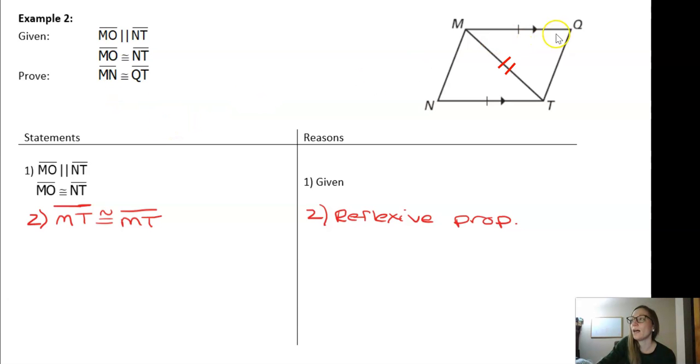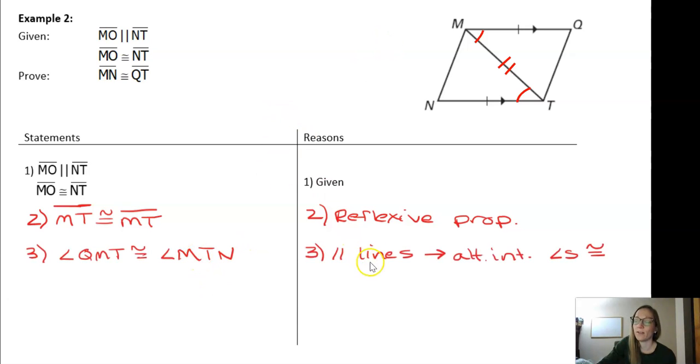Oops. But anyway, MQ is parallel to NT, so that would be these angles here. So angle QMT and angle MTN are congruent. And that's because parallel lines imply alternate interior angles are congruent. Okay, great.